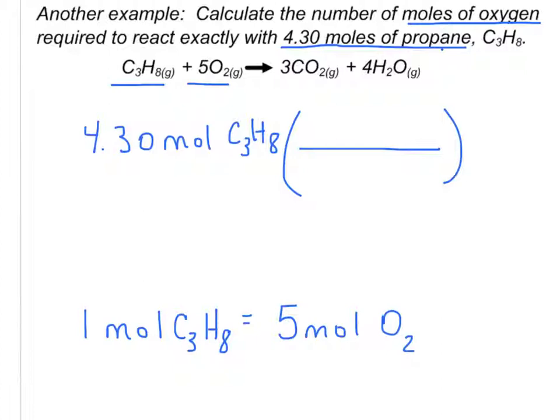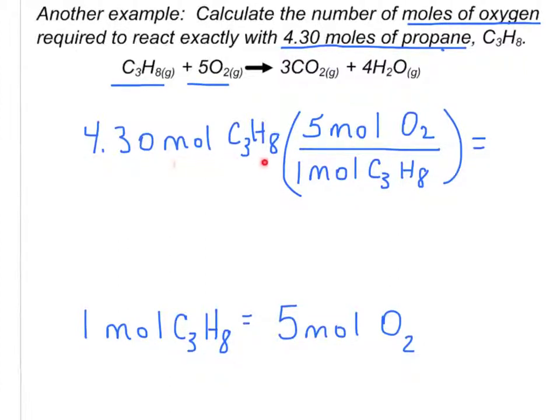We want moles of propane on the bottom so that they cancel out, and our 5 moles of oxygen on the top. And when we do the math, we are in essence saying 4.30 times 5, that will be our numerator, and 1 is on the bottom.